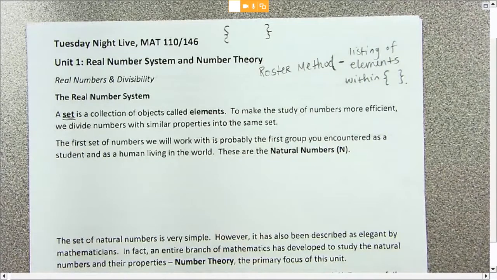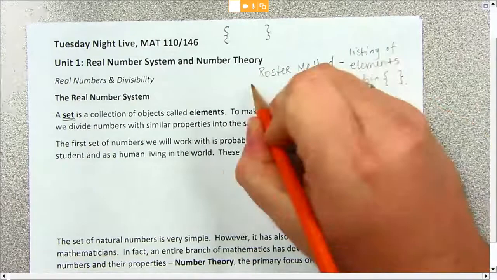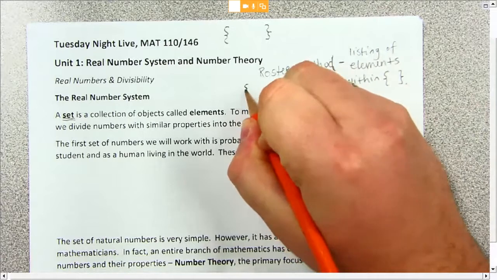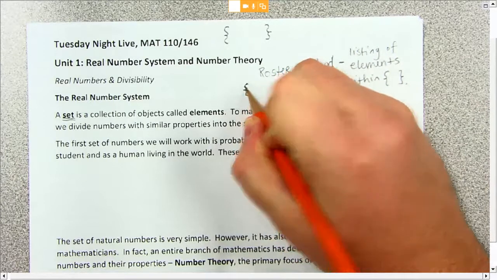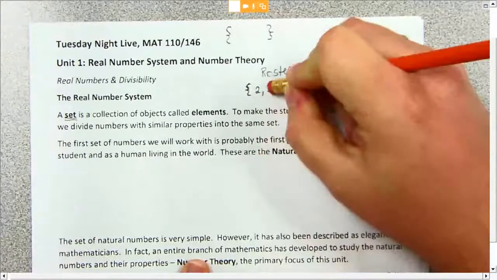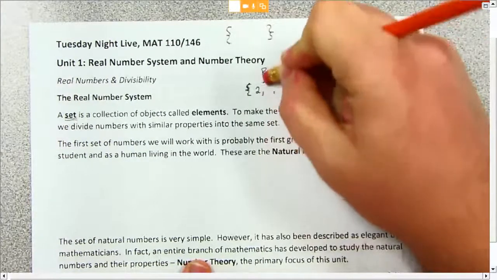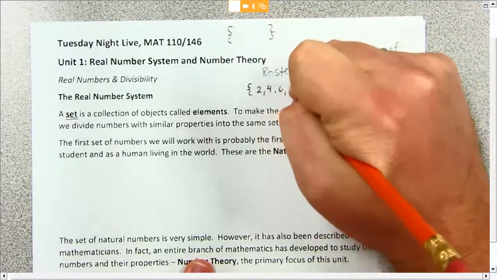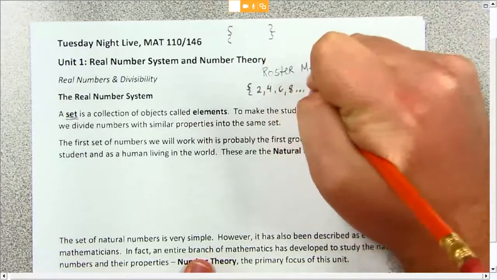So let's say that I wanted to represent, I don't know, the even numbers, right? Well, what's the first even number that you think of? 2. 2, right? So I might say the even numbers are 2, 4, 6, 8, and so on.